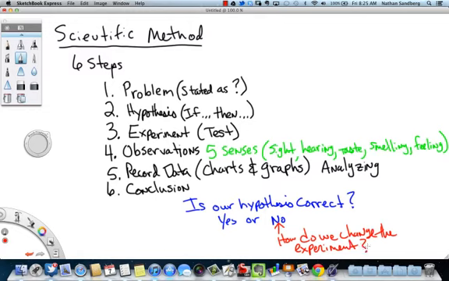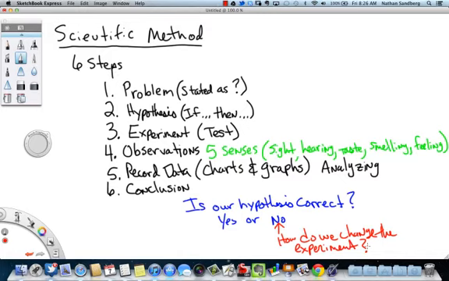Okay, so one problem that's continually going on right now is how to cure cancer. You know, how do we cure cancer? Okay, and a hypothesis, it might be, you know, if people smoke, then they will get cancer. Okay, and you design an experiment around that, make observations, record data.